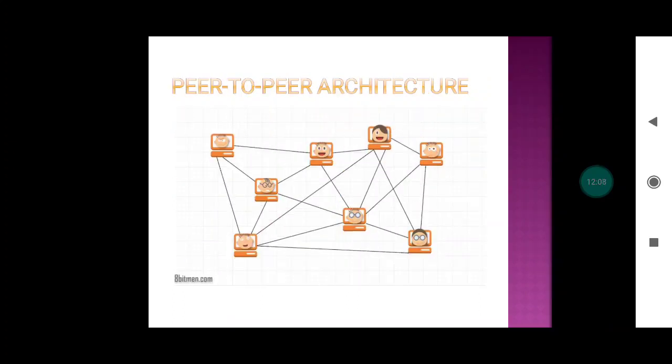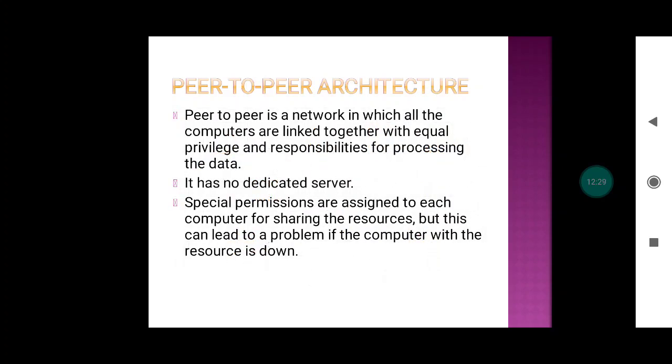Another type of architecture is peer-to-peer architecture. Here in the diagram we can see that there are multiple nodes or devices, and each device is connected to another device with a dedicated link. So one device has an end-to-end, or peer-to-peer, connection with another device. Peer-to-peer is a network in which all the computers are linked together with equal privileges and responsibilities for processing the data.